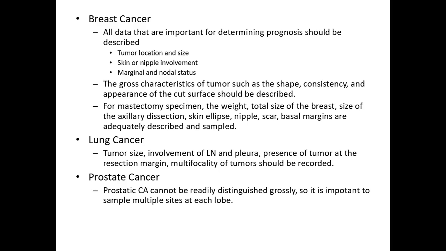Even to the pleural fluid, pag nandun ang cancerous cells, it's a sign of metastasis. Presence of tumor at the section margin, multifocality of tumor should be recorded. Prostate cancer, prostatic cancer cannot be readily distinguished grossly. So it is important to sample multiple sites at each lobe.